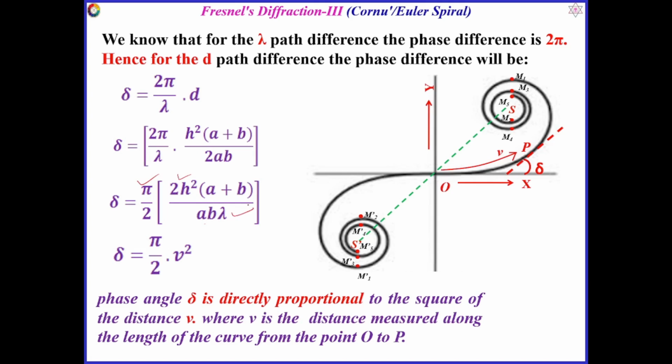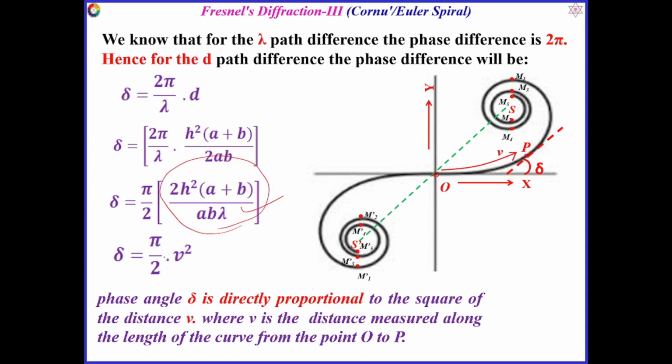Mathematically, if we calculate this value, it will be nothing but the square of the distance from here to here. I have not calculated it in detail, but mathematically this value is nothing but the square of the distance from here to here.